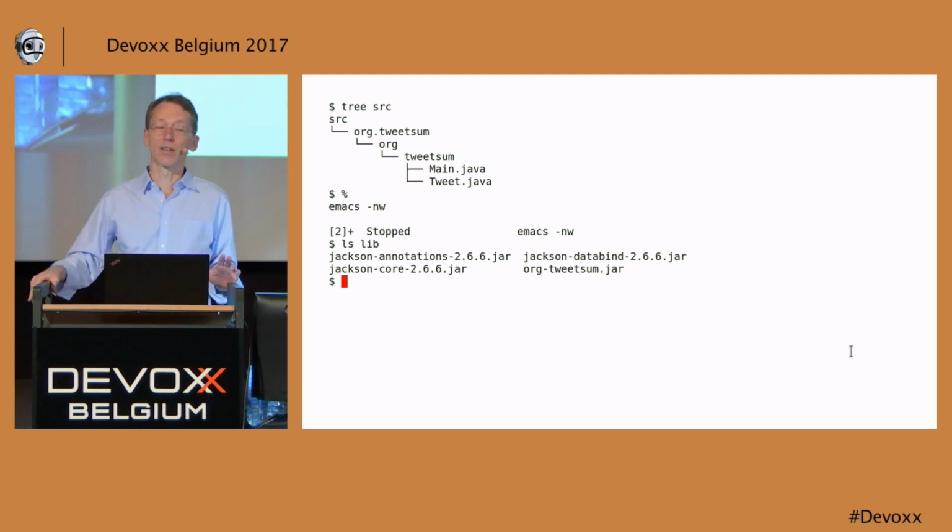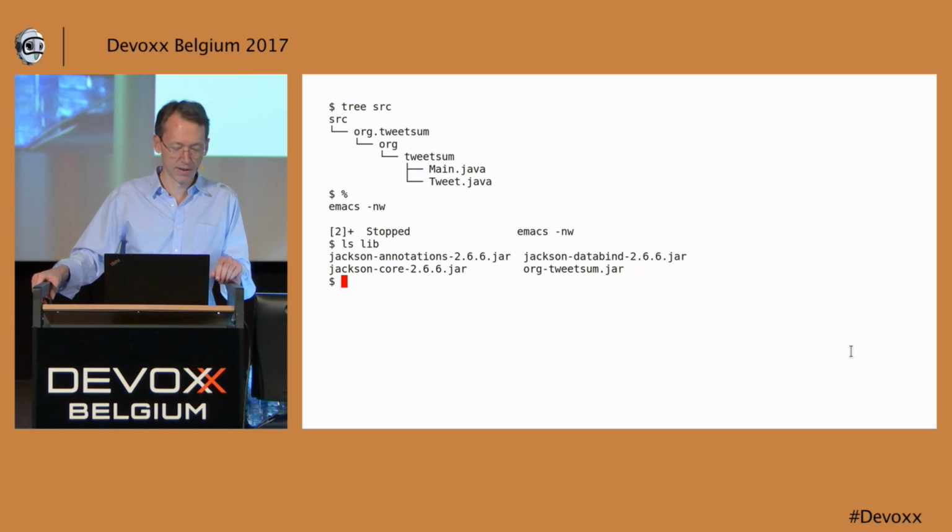So the answer, and this is a heuristic, but it turns out it works fairly well, is that the name of an automatic module is taken from the name of the jar file. Take the name of the jar file, lop off the version part if there is one, convert remaining punctuation to dots. You drop the jar suffix on the end, and a couple of other little heuristic rules. They're in the spec.